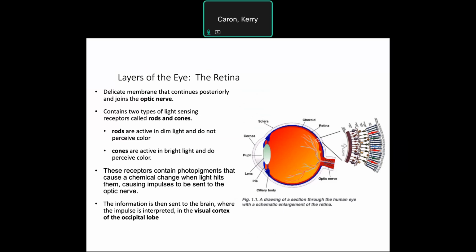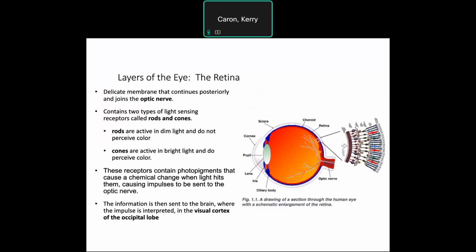The receptors have a chemical change. They change color in the photopigments when light hits them. When light hits the rods and cones, there's a chemical change that gets converted into an impulse that gets sent to the optic nerve. And the optic nerve is what goes to the brain.